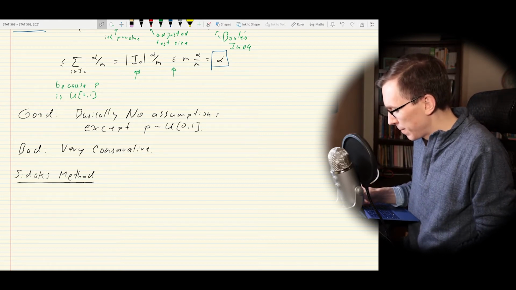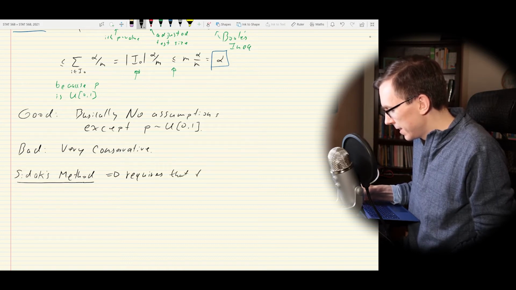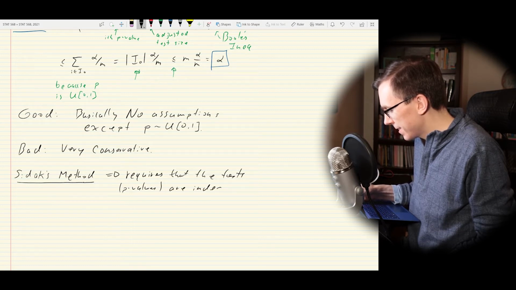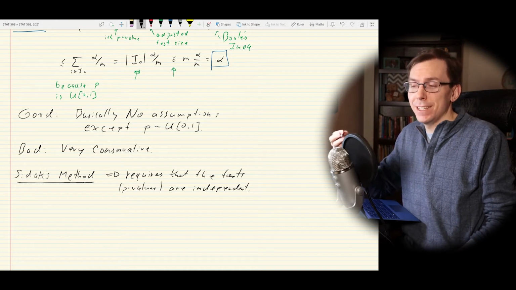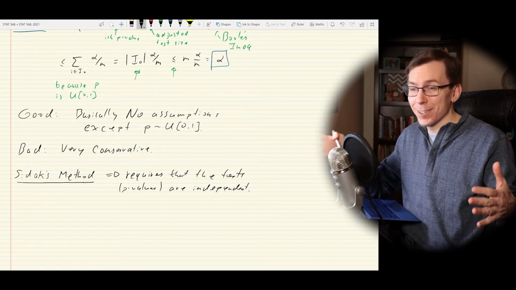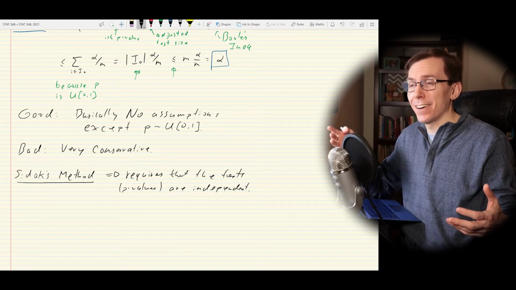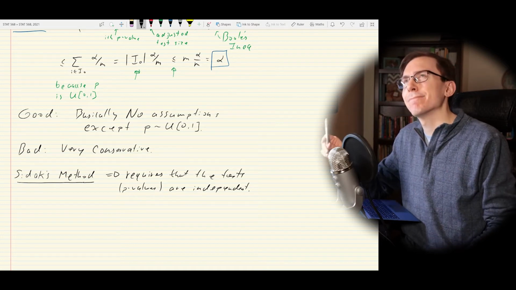So this one requires that the tests, p-values that is, are independent, which is the case very often in our course, because if we have a balanced design, everything's nice and orthogonal, and our hypothesis tests will be independent, or at least uncorrelated.